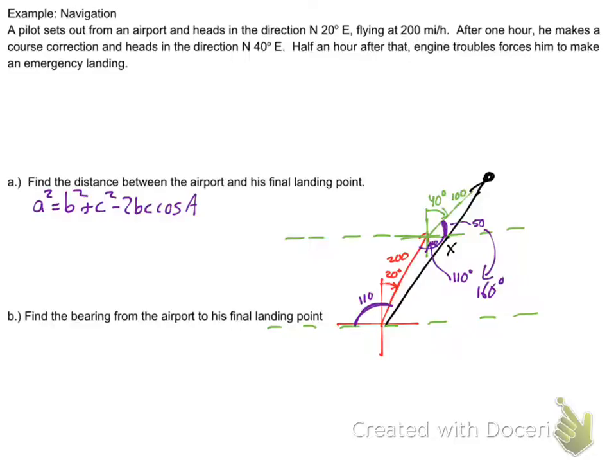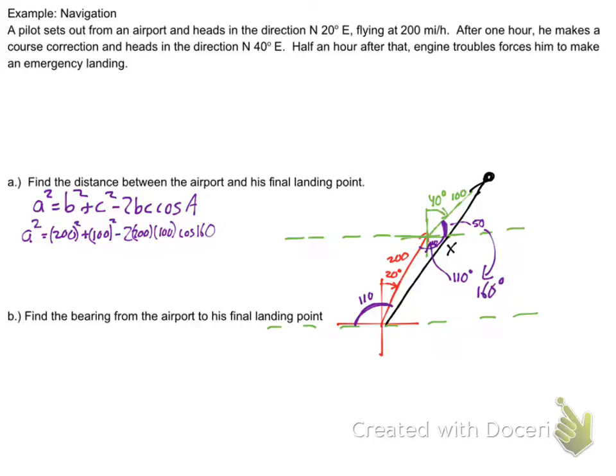I'm not actually going to finish the whole process here, but you should say, hey, wait a minute, I don't know what a squared is, we called it x, I guess. Call it A now. Then we get 200 squared plus 100 squared minus 2 times 200 times 100 times cosine of 160.